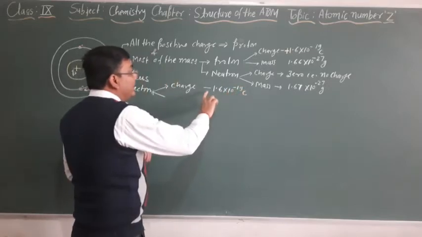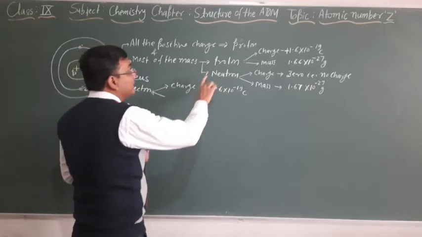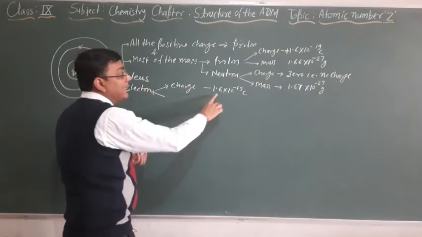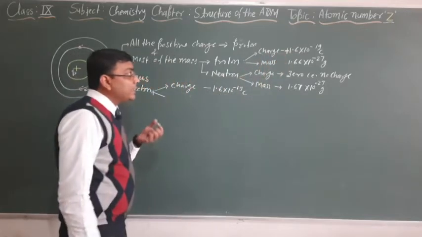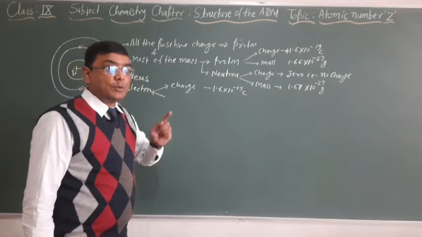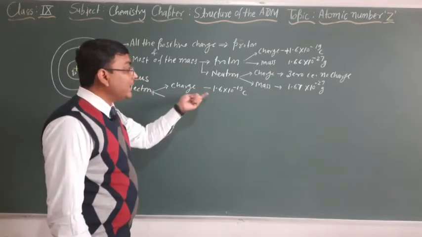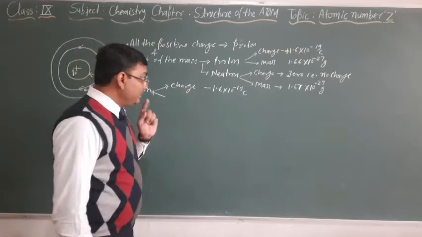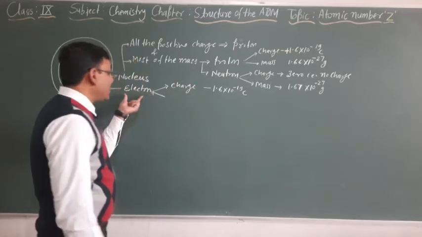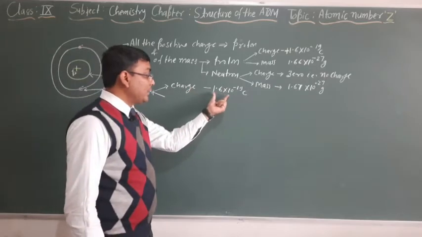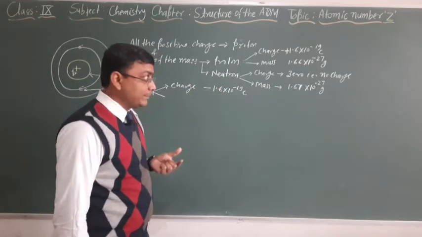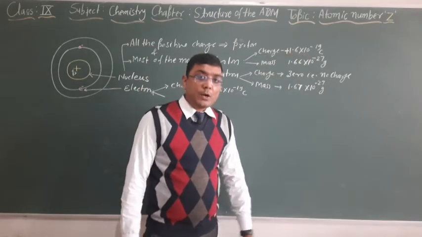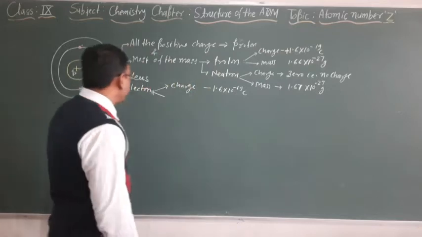Comparing the charges of proton and electron, they have equal quantity of charge but opposite sign. The magnitude is the same but the sign is different: the electron has minus 1.6 into 10 to the power minus 19 coulomb, but the proton has plus 1.6 into 10 to the power minus 19 coulomb.